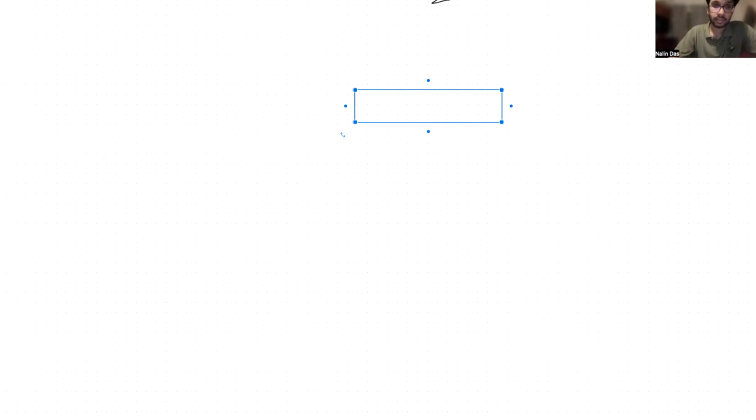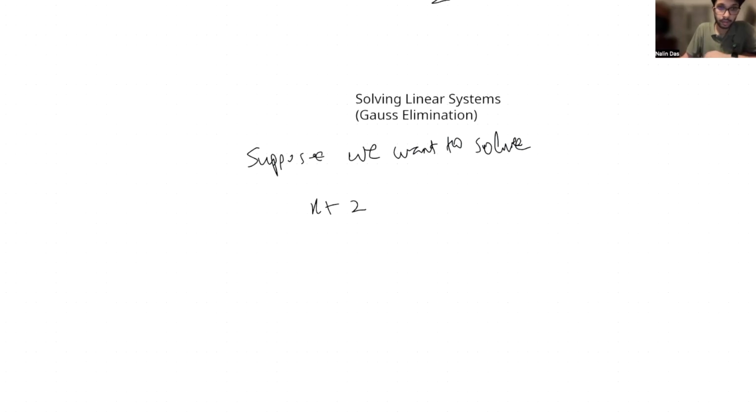So the next topic is solving linear systems with Gauss elimination. Suppose we want to solve two equations, for example, x plus y is equal to 2 and x minus y is equal to 0.